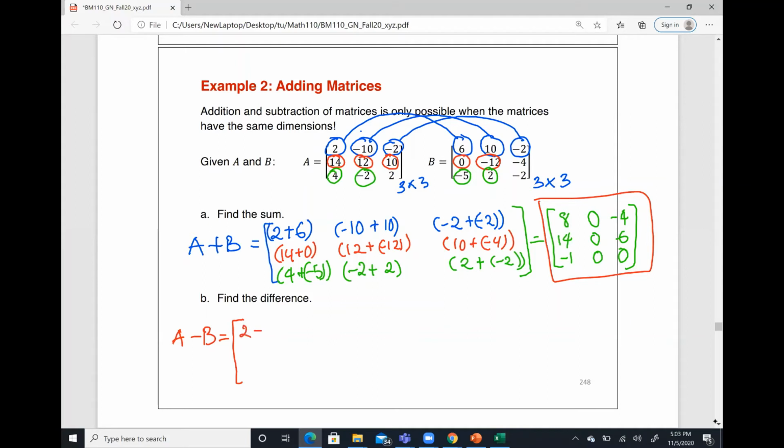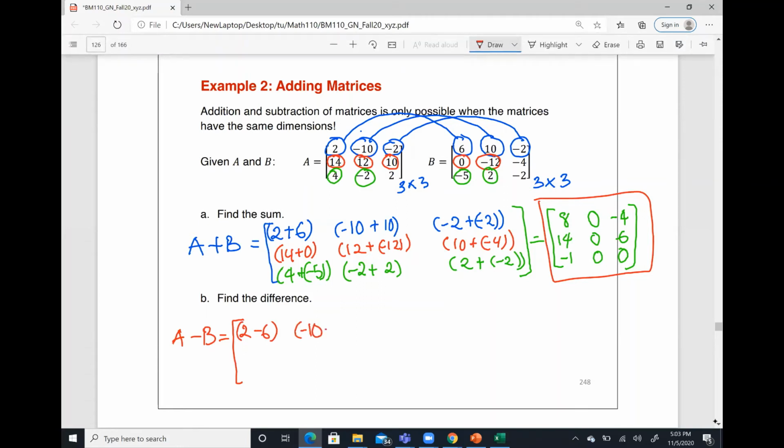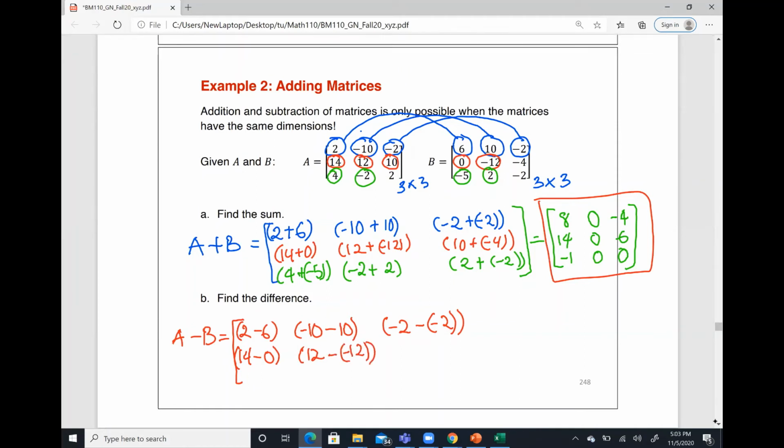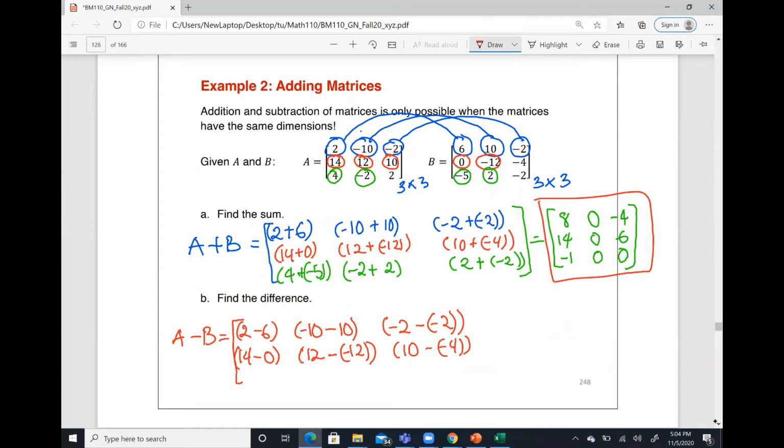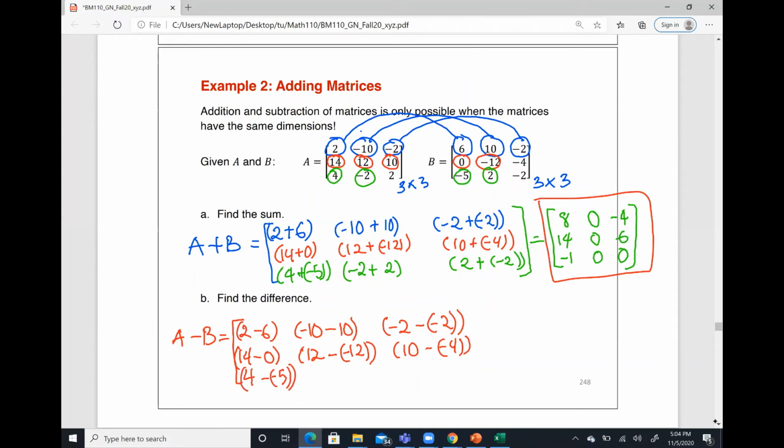So I have 2 minus 6, negative 10 minus 10, negative 2 minus negative 2, 14 minus 0, 12 minus negative 12, 10 minus negative 4, 4 minus negative 5, negative 2 minus 2, and 2 minus negative 2.